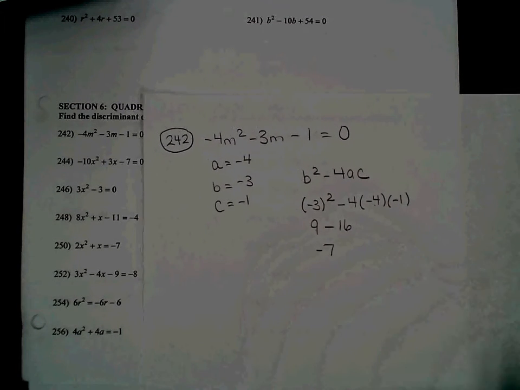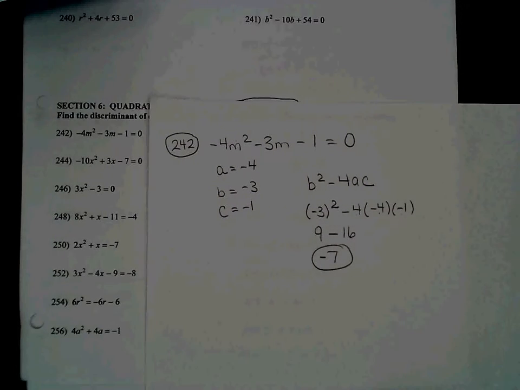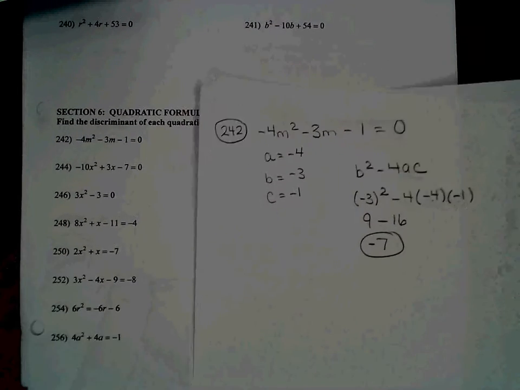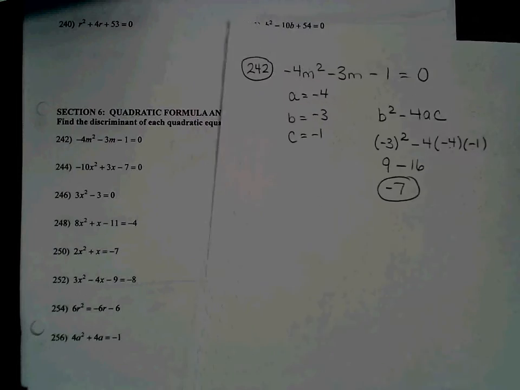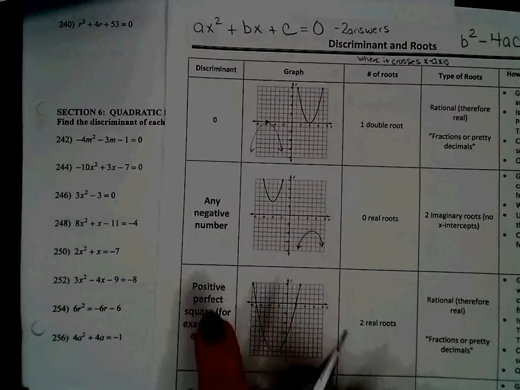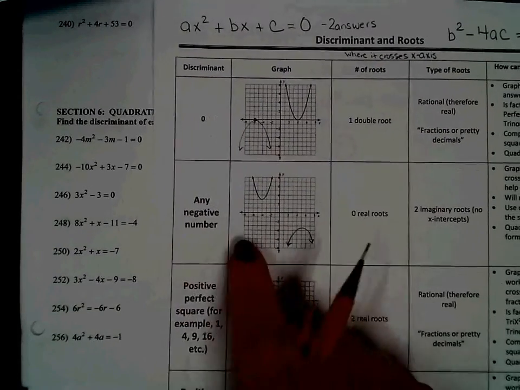So the first part of my homework is, what is the discriminant? It's -7. Then it says tell the number and type of solutions. So I go to my chart. I got -7, so I read the negative number. It says there's no real roots.